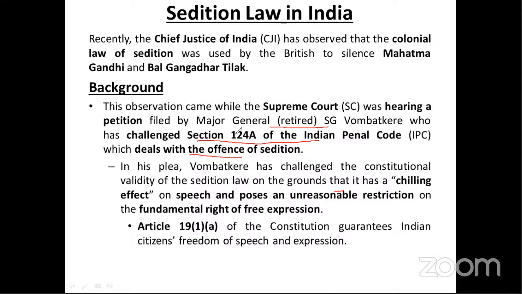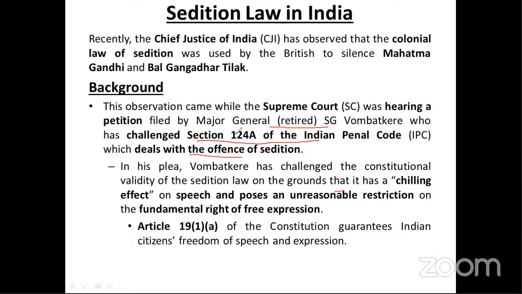A chilling effect means a person is not given a proper chance to enjoy their fundamental right. Under this petition, he said that we have a fundamental right to freedom of speech and expression, and this fundamental right is completely violated because of the presence of this sedition law.